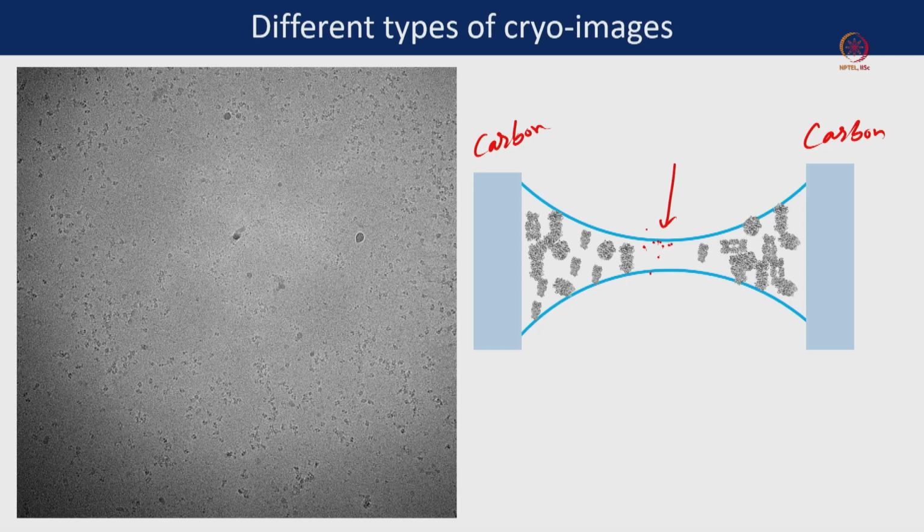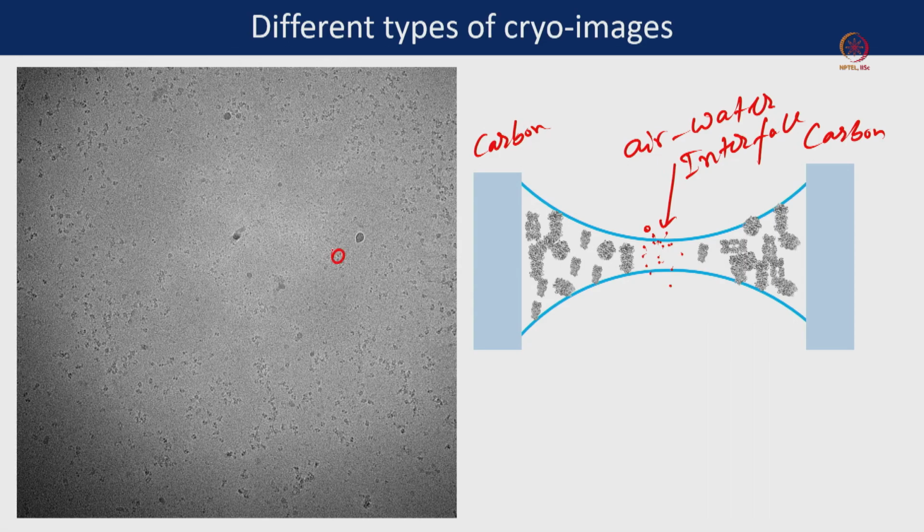Then there is a possibility that the protein molecule may break down here. That air water interface is very problematic when you image biological samples. So if the ice is very thin and proteins are there, there will be a broken sample.